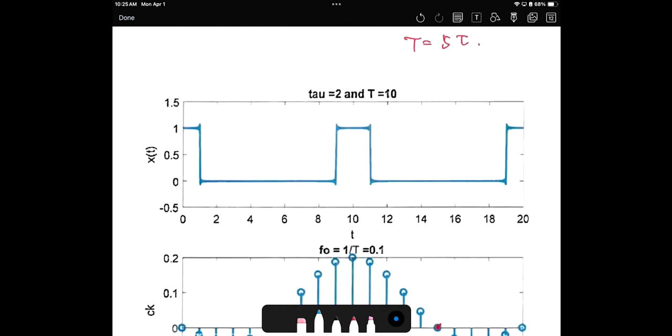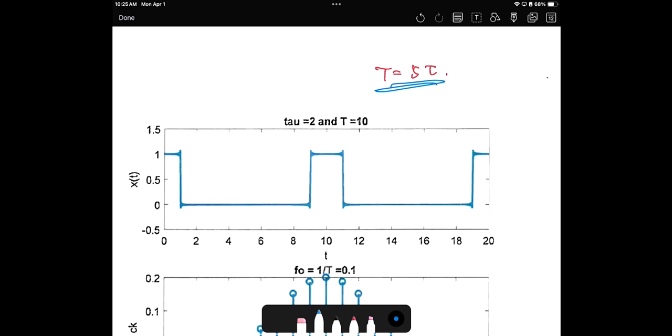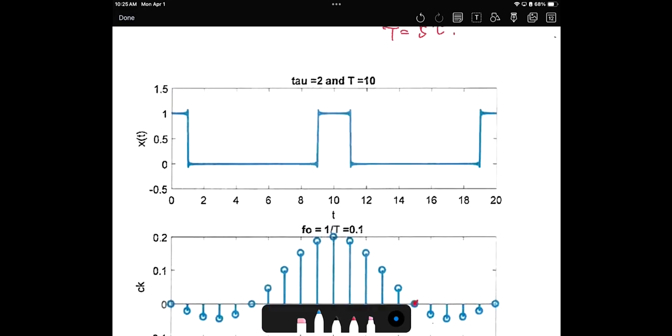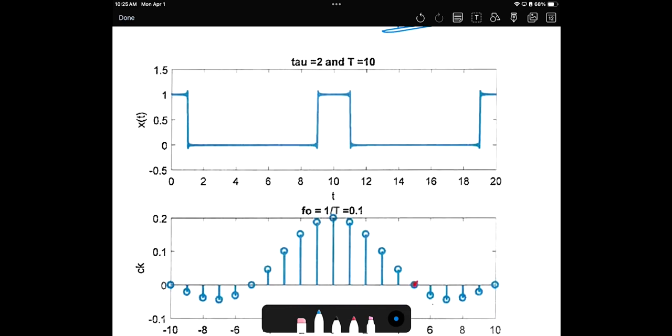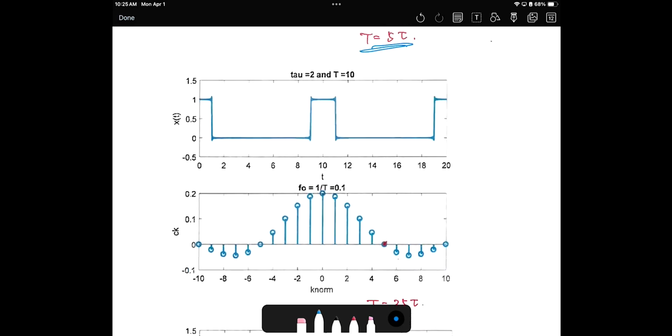When we assume tau equals 5 seconds, this is how x of t looks, which is the time domain. And you look at ck, or in other words Xk, the magnitudes of the Fourier series. So with tau equal to 5, we get something similar to a sinc.